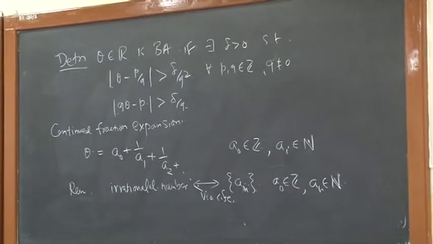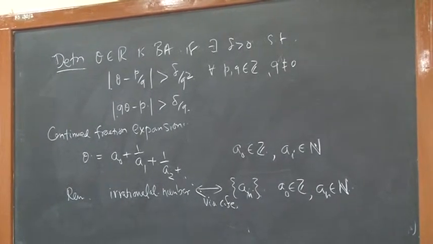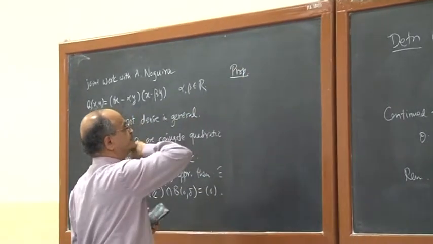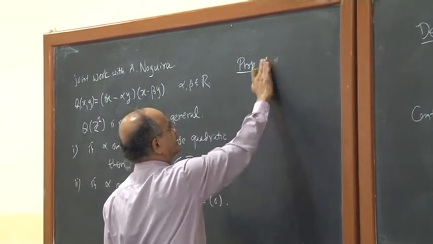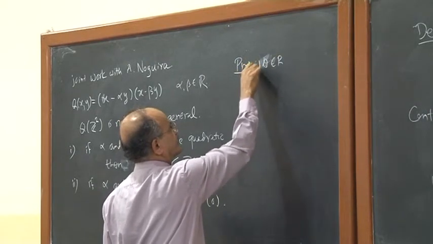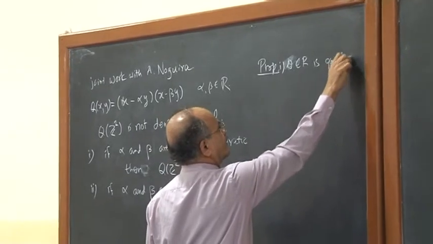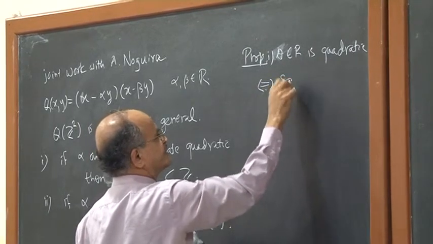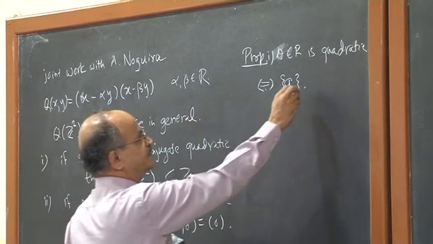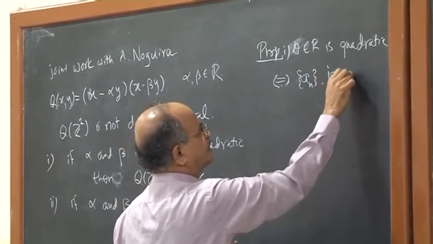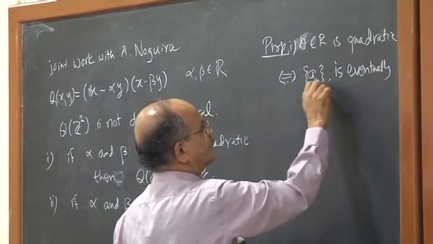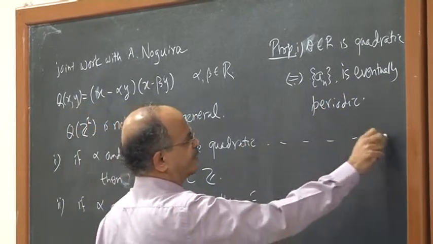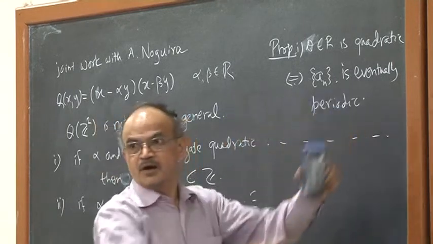Coming back to these properties, a proposition: a number theta in R is quadratic if and only if the corresponding continued fraction expansion is eventually periodic, which means that if you write it down as a sequence, then after some stage you will see the same block repeating.